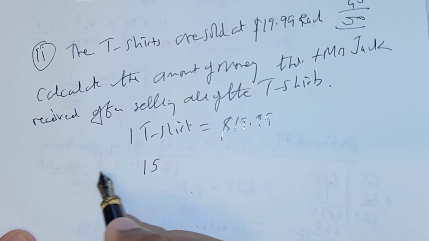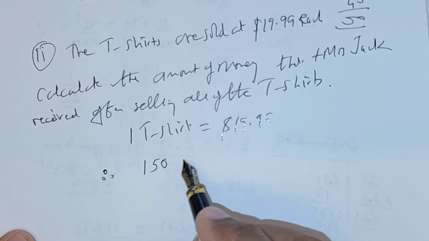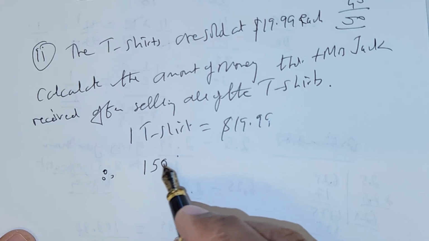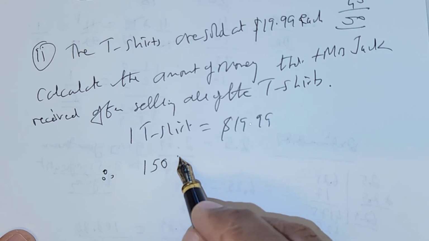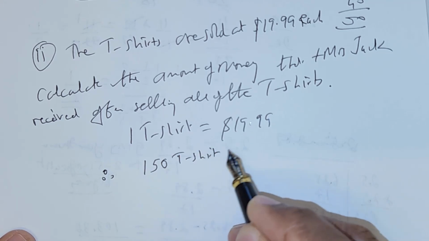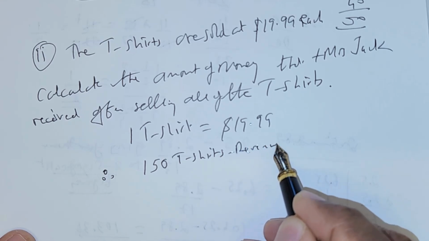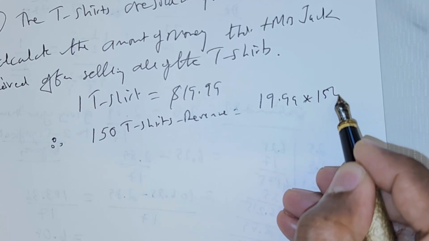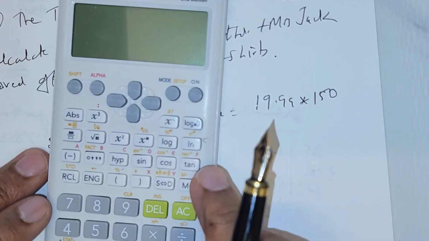There are 150. So therefore 150 t-shirts is going to be, okay, creating a revenue, right? 150 t-shirts revenue is going to be, with 19.99 you multiply 150. You can use your calculator.